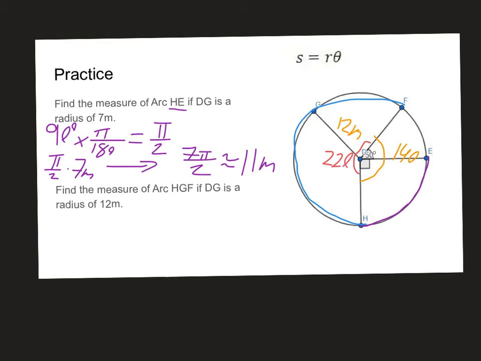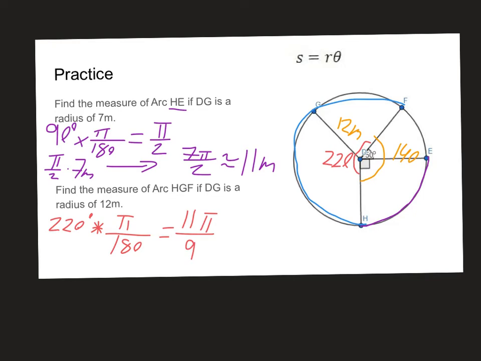Now again, 220, that's not what we want. We don't want degrees, we want radians. So we're going to take our 220 degrees and multiply that by pi over 180, which will give us 11 pi over 9.